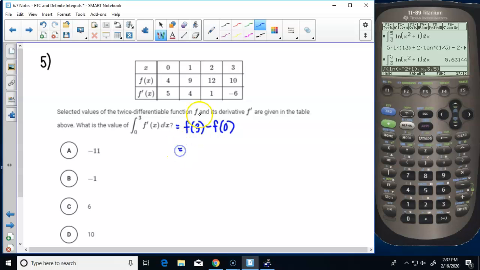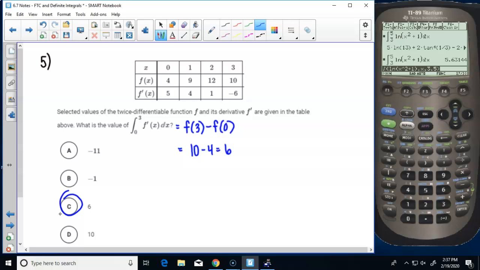And f of 3, I can just find on the table really quickly. I get 10. And f of 0 is 4. And I get 6 as my answer. Okay.